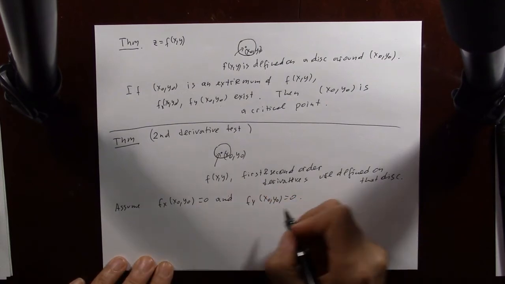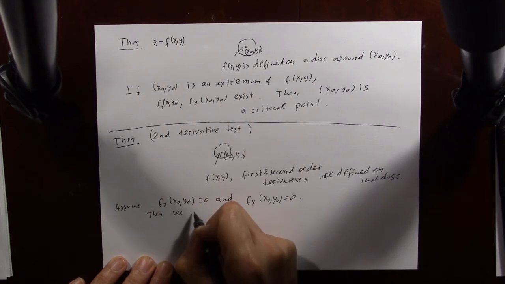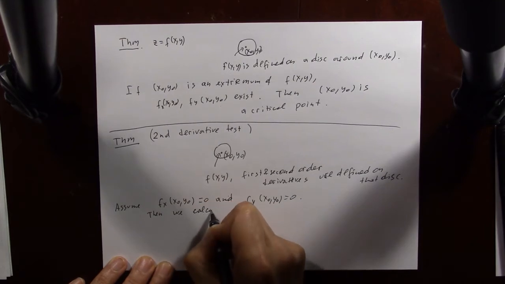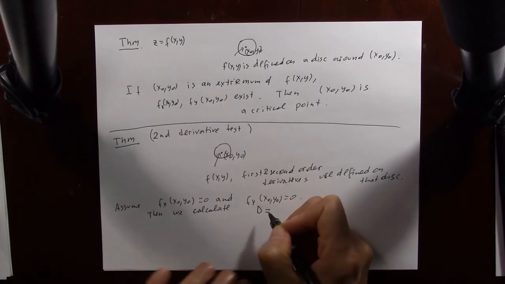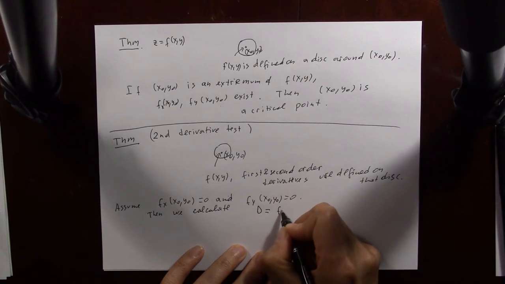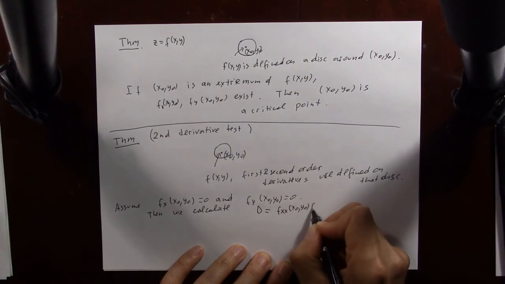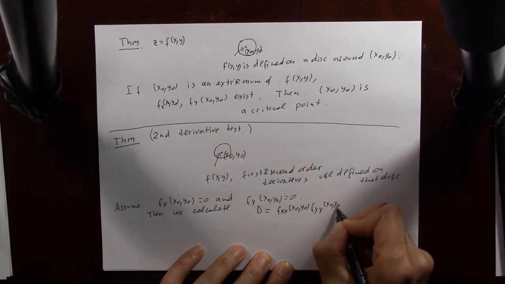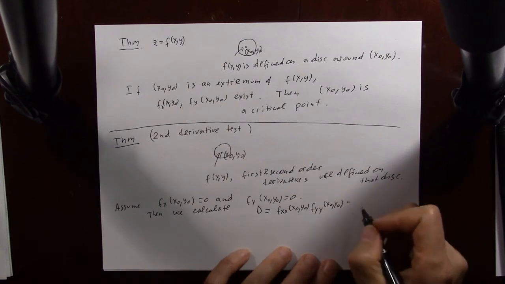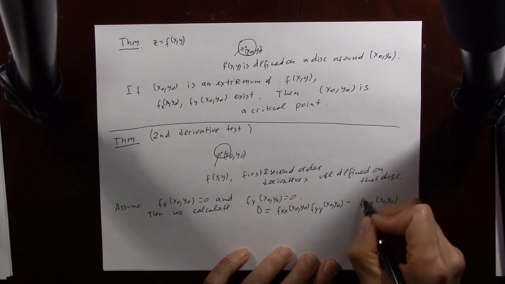Then we calculate the quantity d, which equals the second derivative with respect to x at x0, y0 multiplied by the second derivative with respect to y at x0, y0. We subtract the partial derivative with respect to xy at that point, squared.